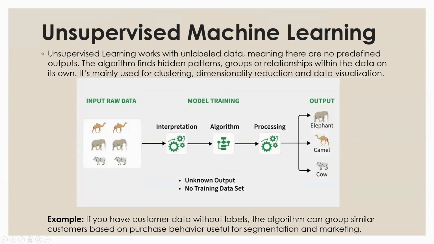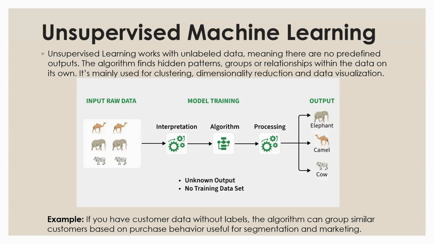Then unsupervised machine learning, in which input raw data is there and it is not labeled. If we have customer data without labels, for example, the algorithm can group similar customers based on purchase behavior, useful for segmentation and marketing.